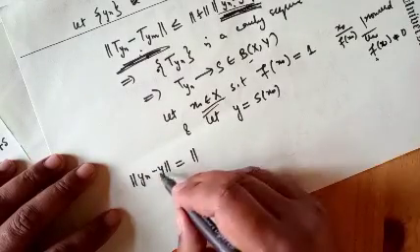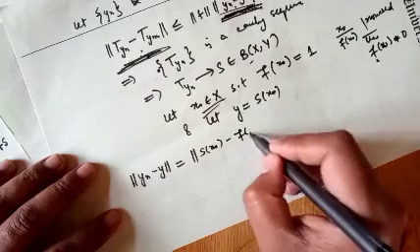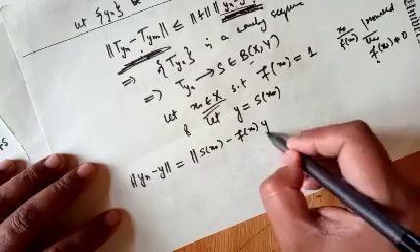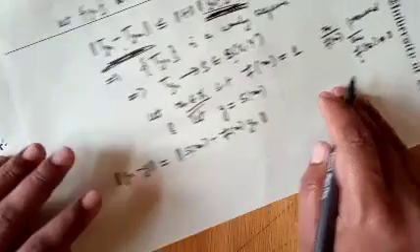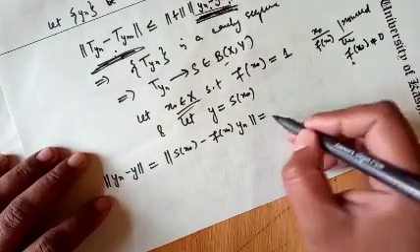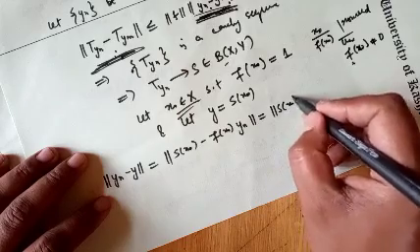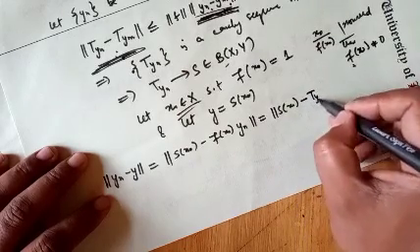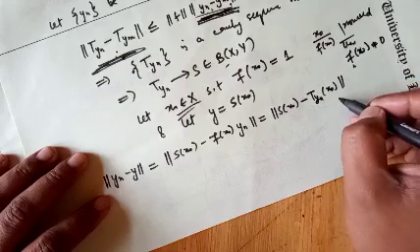In place of y, I write S of x_0, then I write f of x_0 into y_n. Why? Because f of x_0 is just 1. This can be written as per our definition as norm of S of x_0 minus T_{y_n} of x_0. That is the definition of our map T.